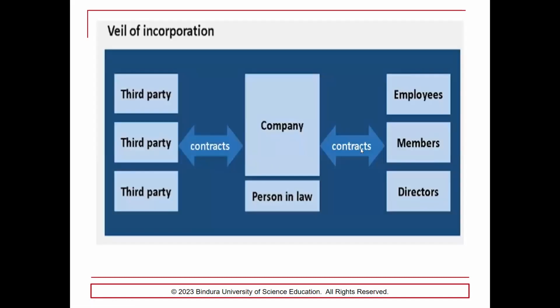Before we discuss the accounting part of it, we want to discuss what a company is, or what incorporation is, and why we need to do that as opposed to operating as a sole trader or as a partnership. If you are an individual operating a business as a sole trader, and you buy goods on credit from your suppliers, and then you fail to pay them, they can come to your business, take all the goods that you have so that they can recover the money that you owe them.